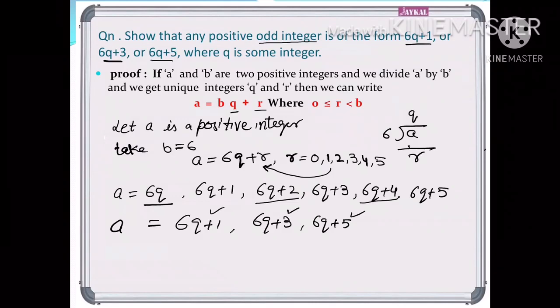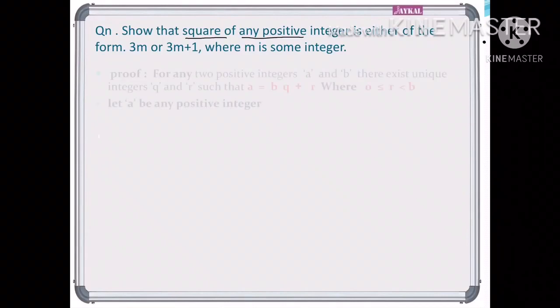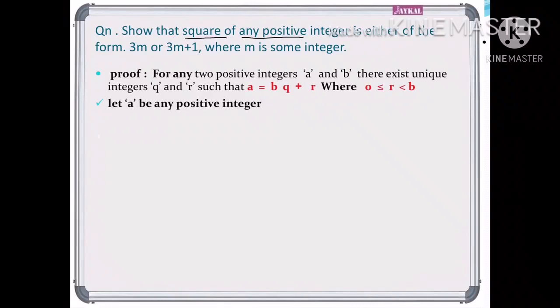Show that square of any positive integer is either of the form 3m or 3m plus 1 where m is some integer. Now again start with the Euclid division lemma, which states that for any two positive integers a and b, there exist unique integers q and r such that a can be expressed as b into q plus r.